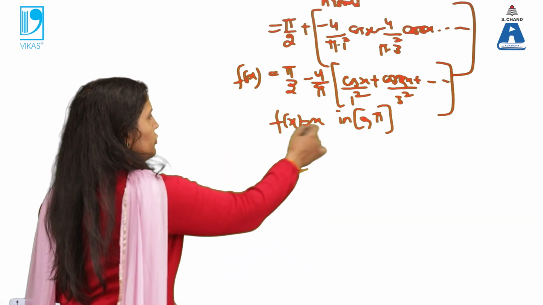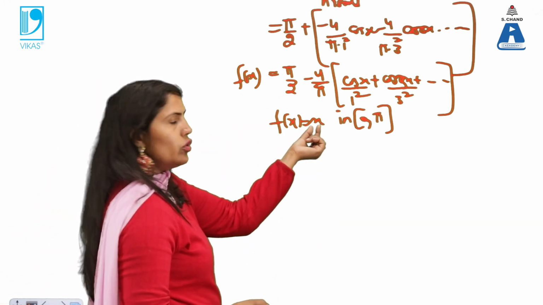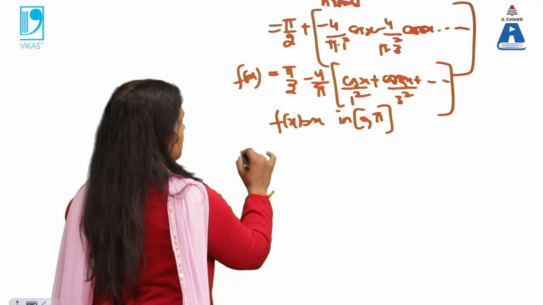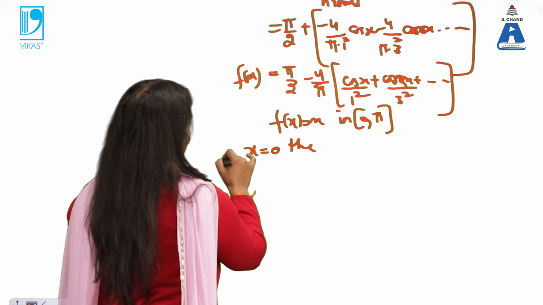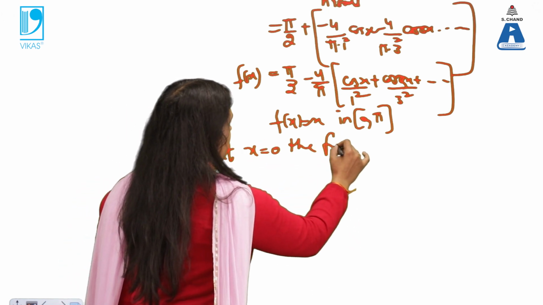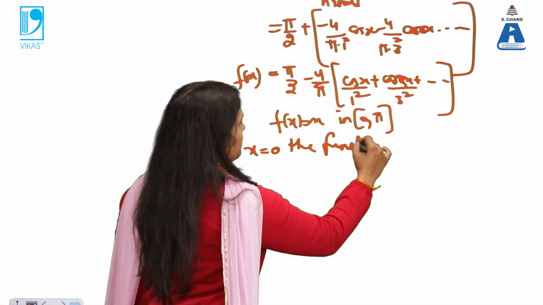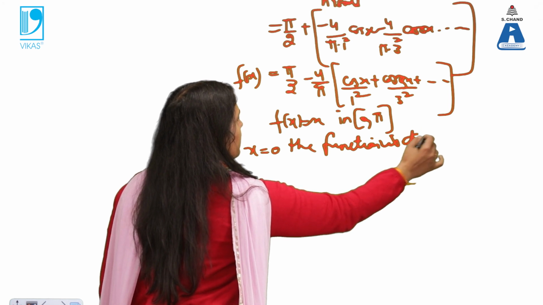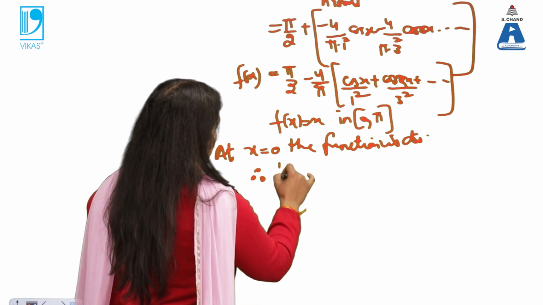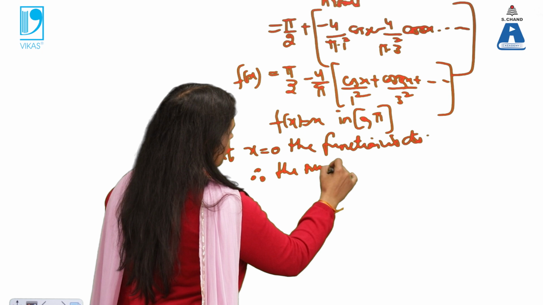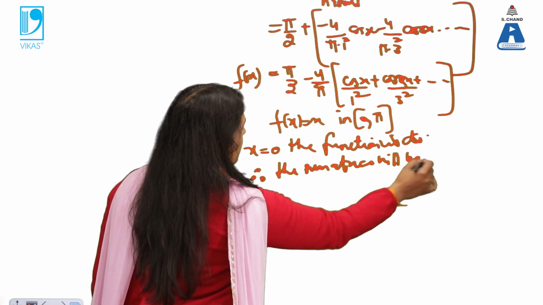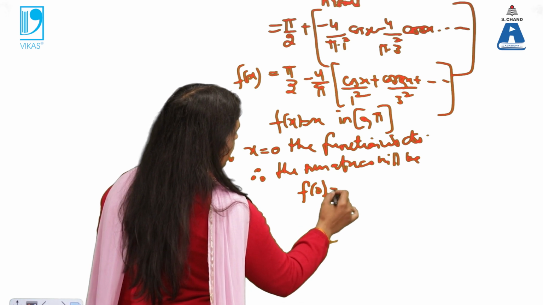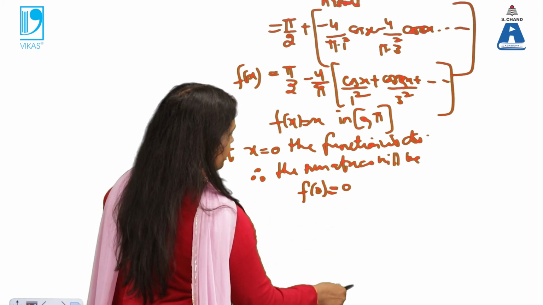This function is continuous at x equal to 0. Therefore, the sum at x equal to 0 will be f(0), and you can see f(0) is 0.